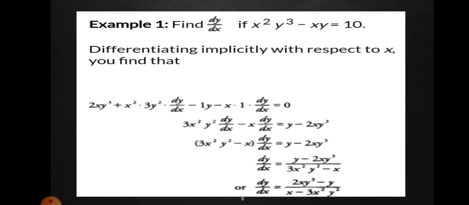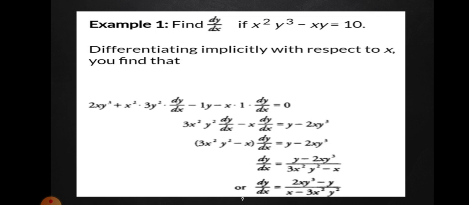So we are going to factor out dy over dx and transpose the 3x squared y squared minus x to the right side.